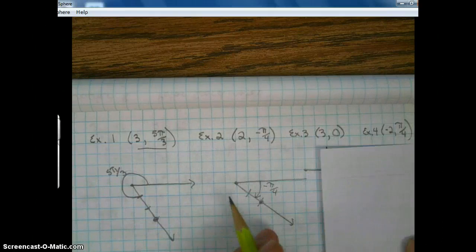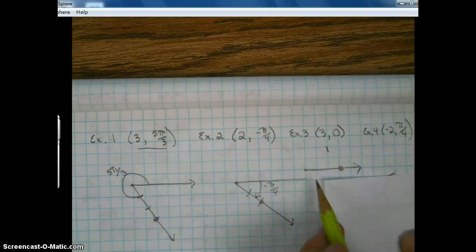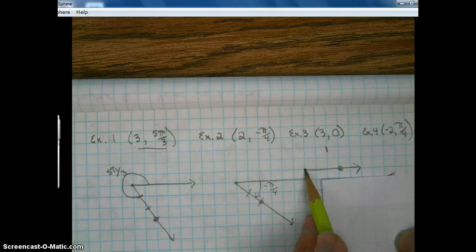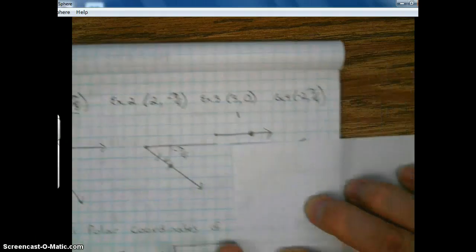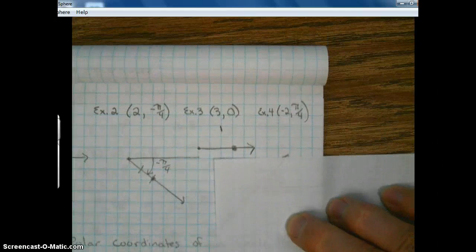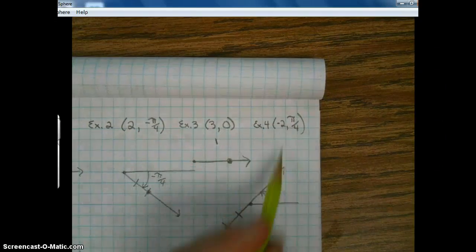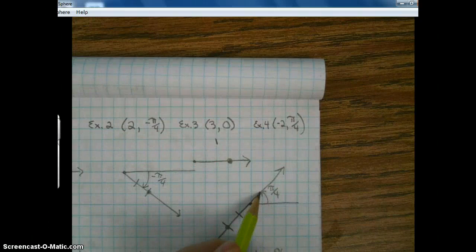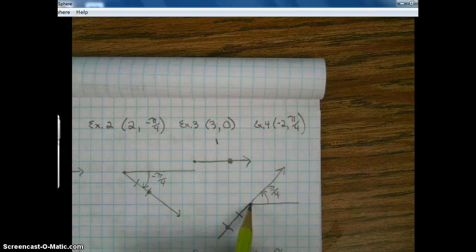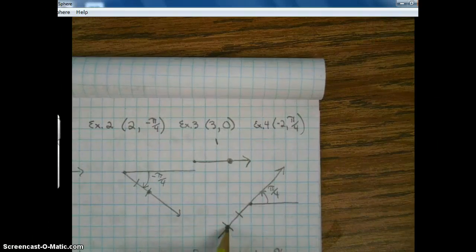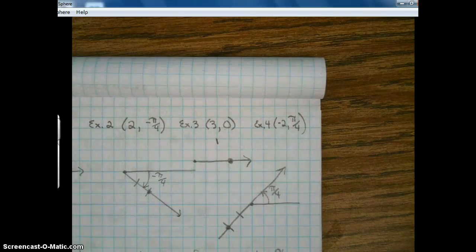So we're on the polar axis, 3 units from the pole. 1, 2, 3. Alright, finally, example 4. Here we go. Pi over 4 radians. And since r is negative, we go the opposite direction. 1, 2. And that is our point for example 4.